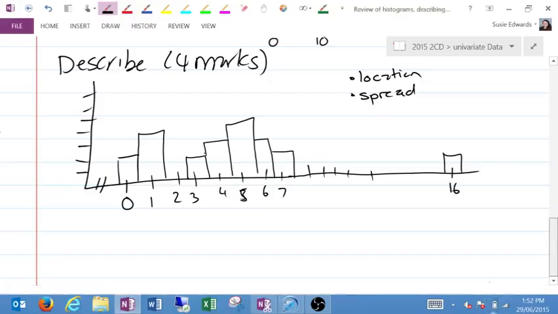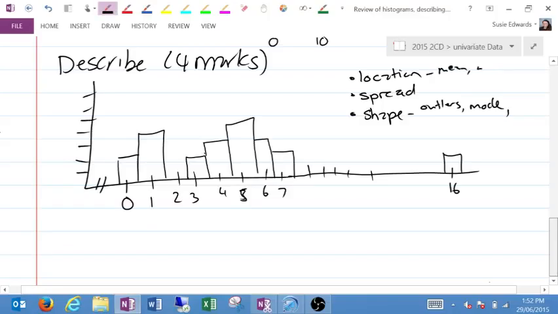Okay? You need to show the shape. So the shape is like outliers, mode. So hang on, we'll just write. So this is the mean or the median. Spread is the range or the interquartile range.